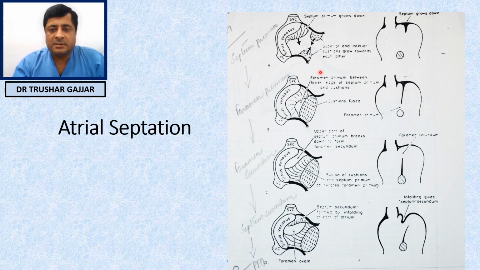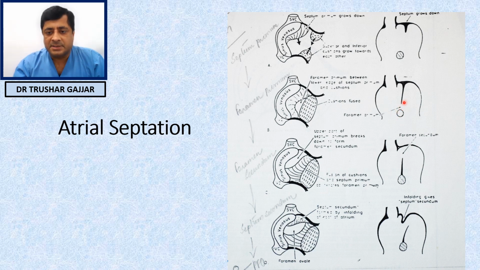Once the endocardial cushions have divided the atrioventricular canal into the right and left part, a septum grows from the roof of the primitive atrium, which grows towards the endocardial cushion. It grows, but it doesn't fuse with the endocardial cushion.